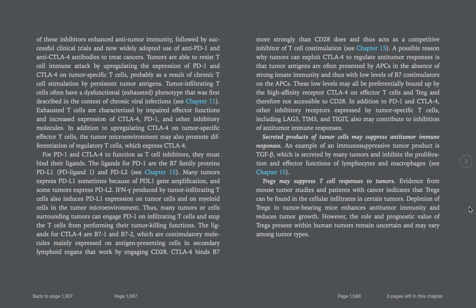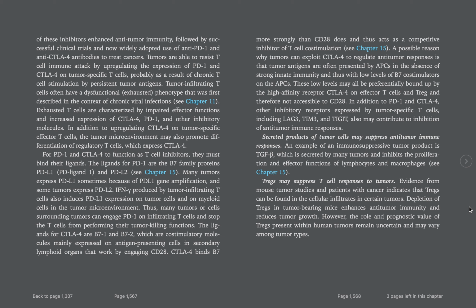For PD1 and CTLA4 to function as T cell inhibitors, they must bind their ligands. The ligands for PD1 are the B7 family proteins, PD ligand 1 and PD ligand 2. Many tumors express PD ligand 1, sometimes because of PD ligand 1 gene amplification, and some tumors express PD ligand 2.